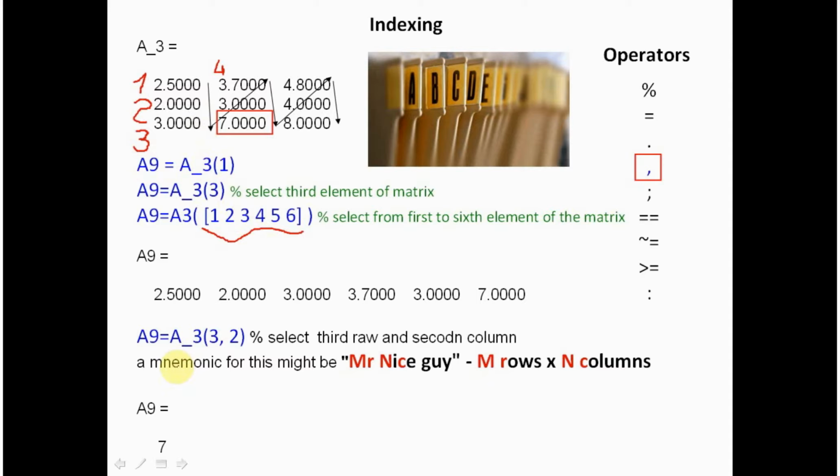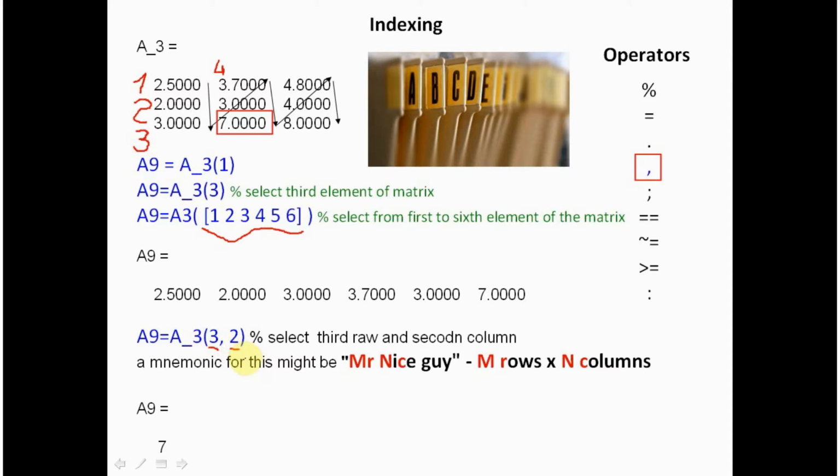The other way to index is to indicate sort of coordinates. As we have 2 dimensions, we can type 2 numbers which will indicate which row and which column we should take.